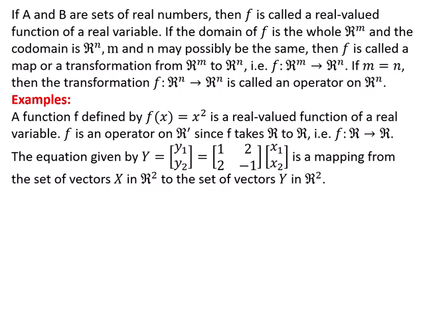That is, you can have the domain and the codomain being of the same dimension. Then f is called a map or a transformation from R^n to R^m.